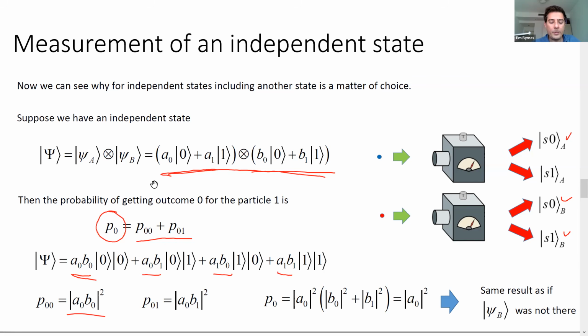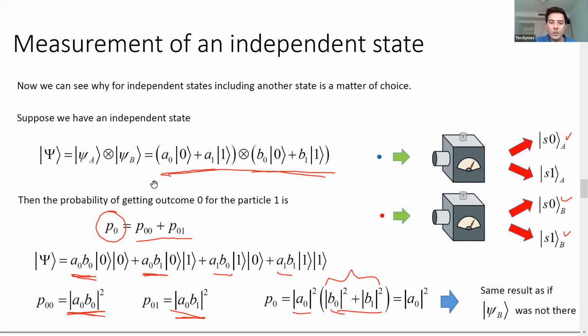Or you could use measurement operators like I just did on the whiteboard. The outcome for 0,0 is this one, and the outcome for 0,1 is this one, so we take the modulus squared. If we add them, we can factorize out A0 and get |B0|² plus |B1|².